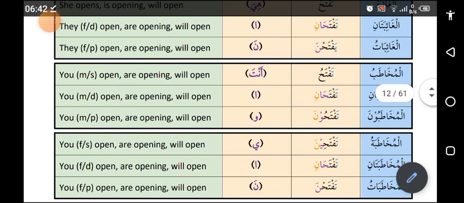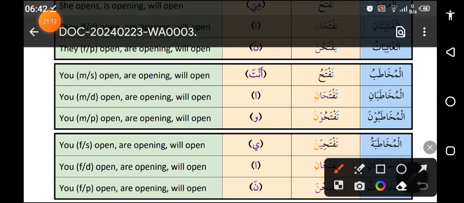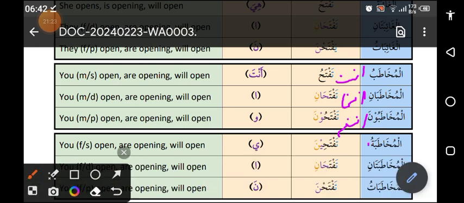Then the next 6 will be anta taftahu, antuma taftahani, antum taftahuna, and then anti taftahina, antuma taftahani, and then antunna taftahna, right?